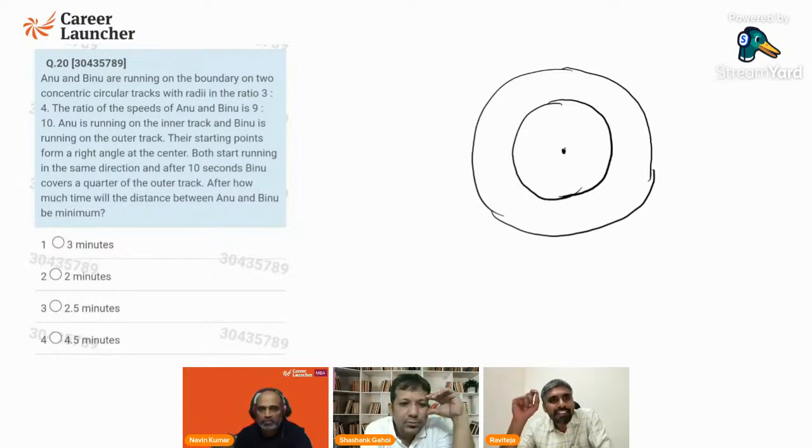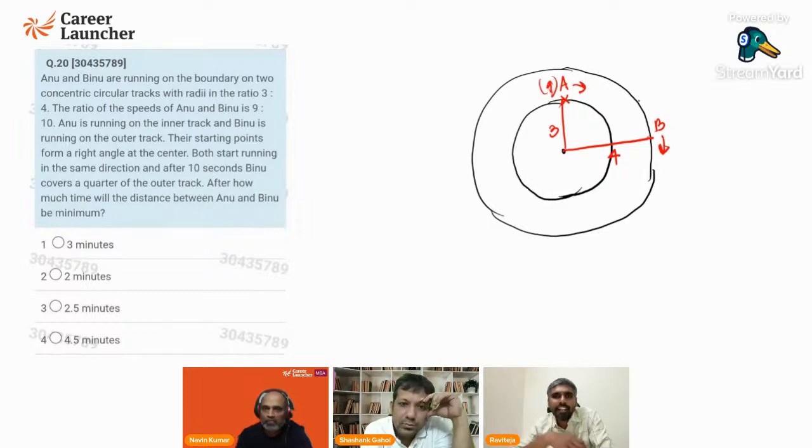So basically the inner radius is 3, the time is going to be equal for both of them. The inner radius is 3, the outer radius is 4, the person running on the inner radius is running at a speed of 9, and the person on the outer radius is running at a speed of 10.